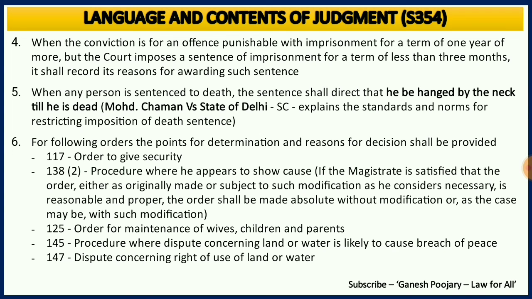Then 125 deals with order for maintenance of wives, children and parents. 145 deals with procedure where dispute concerning land or water is likely to cause breach of peace, or section 147 deals with dispute concerning right of use of land or water. In those cases, the order and the points for determination should be very clearly mentioned. That is what is given in subclause 6.